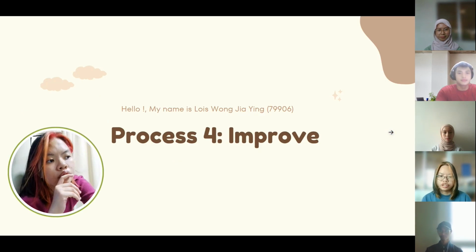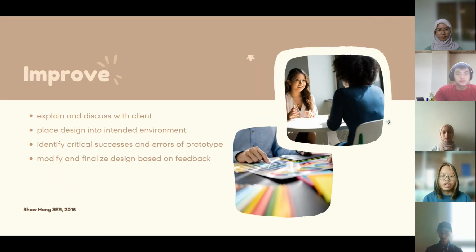The fourth process is to improve the logo design. In the improvement stage, a designer must explain and discuss the design output with the client. This is because the designer and the client must have a mutual understanding about the work process, from the sketches to the semi-comprehensive drawings and the final outcome.